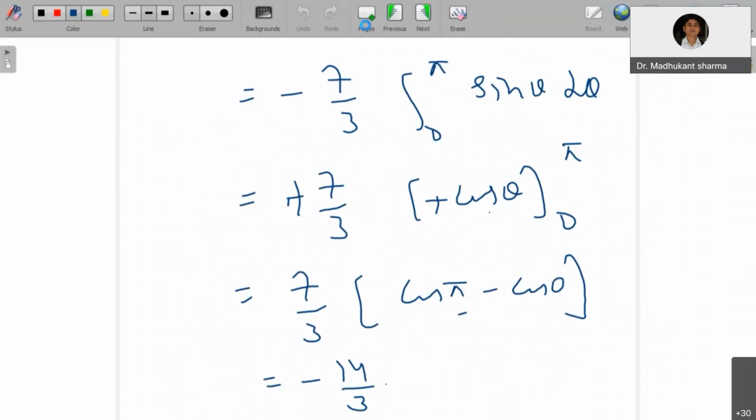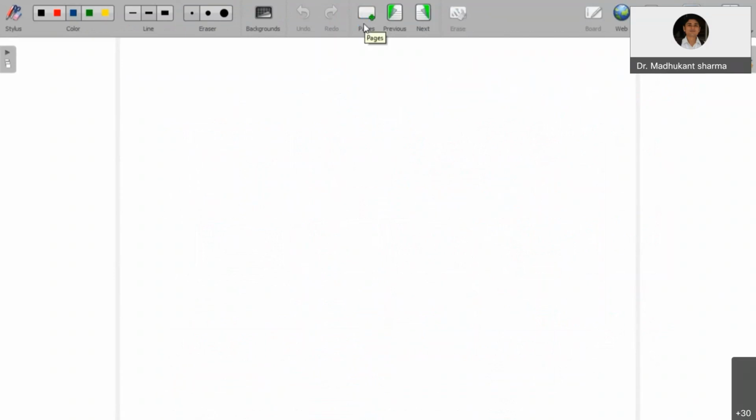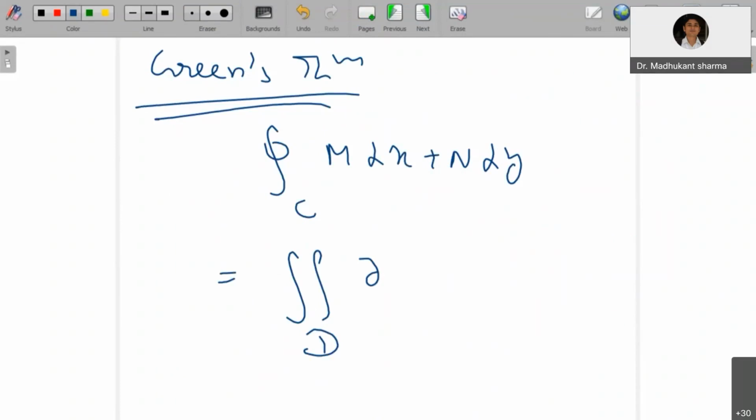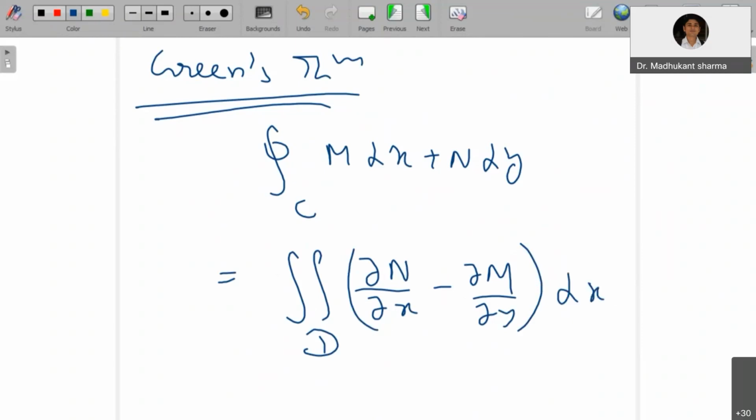If you look at Green's theorem, what Green's theorem tells you is that the integral over C of M dx plus N dy equals the double integral over D of dou N by dou x minus dou M by dou y dx dy, or dA. Now, if dou N by dou x minus dou M by dou y equals 1, what will it give you?